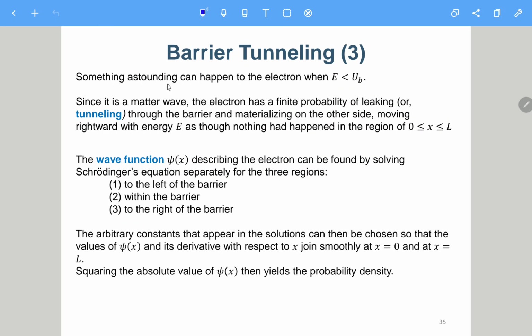So something astounding can happen to the electron when E is smaller than UB.